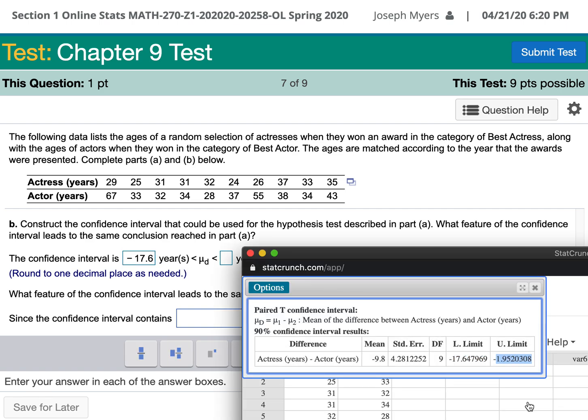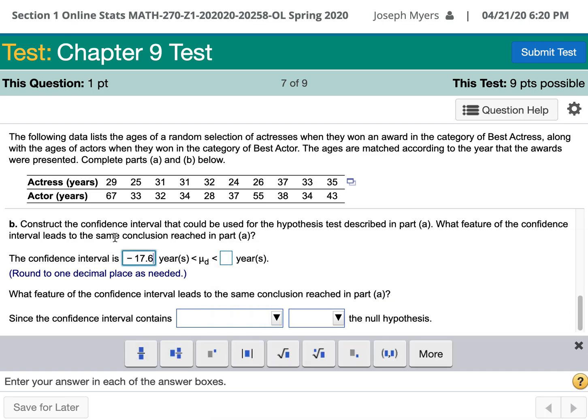And the upper limit would be that number. So -1.95 actually would round off to -2.0. And notice that the ages, if they're younger, the actresses tend to be between 17 years younger and 2 years younger. So that does support the hypothesis.